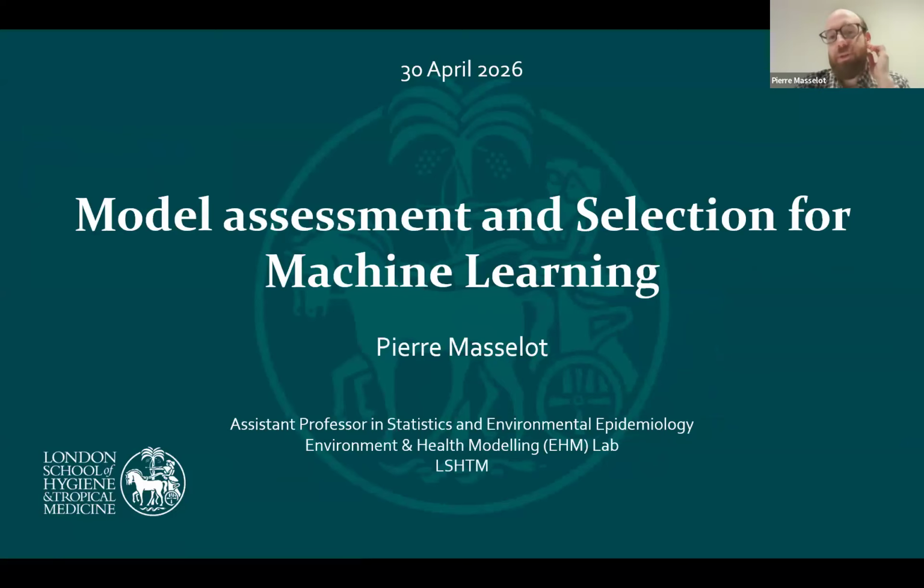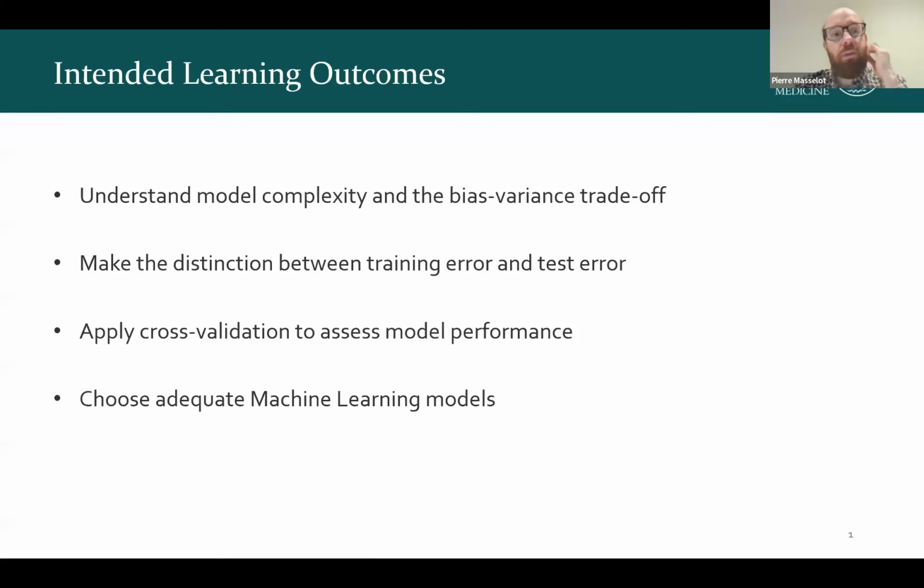So the topic we chose was on model assessment and selection in machine learning, which is, in my humble opinion, a key element of any machine learning analysis and model building.